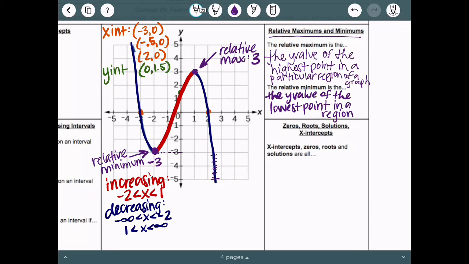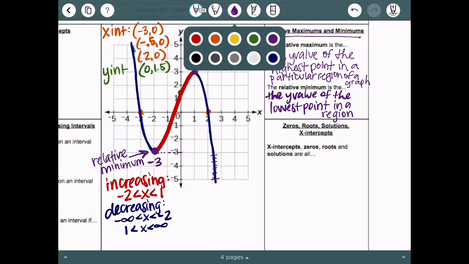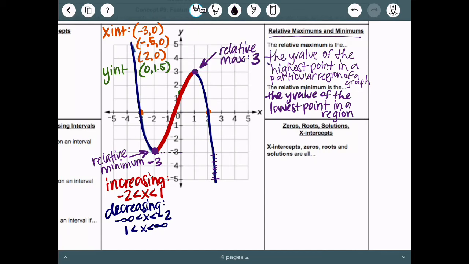So we have relative maximum, relative minimum. And then finally, our last area here, I've used all my colors, so I'll use black. Here I would have my x-intercepts.